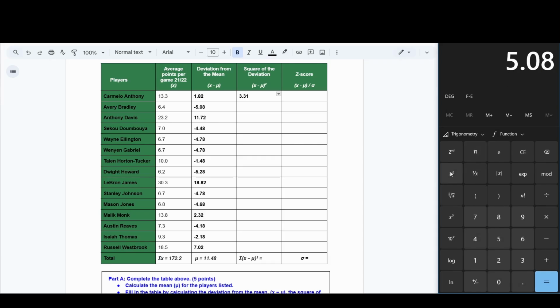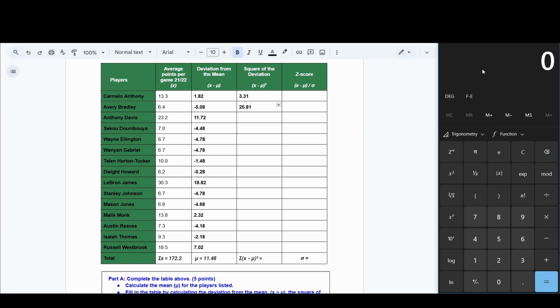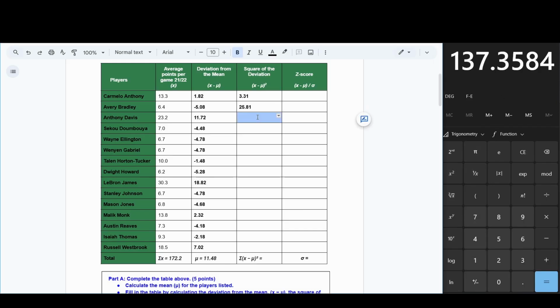And I'm going to square that. I get 25.81. Negative times a negative is a positive. Next, I've got 11.72. And if I square that, I get 137.36.